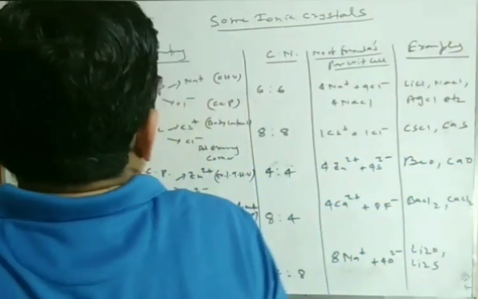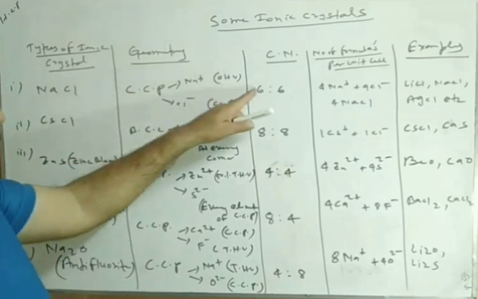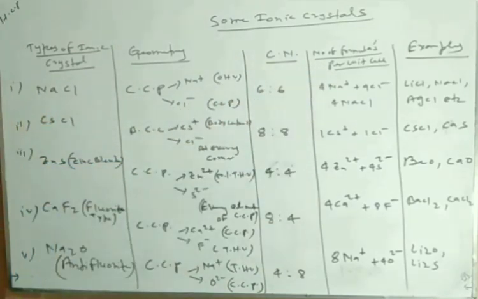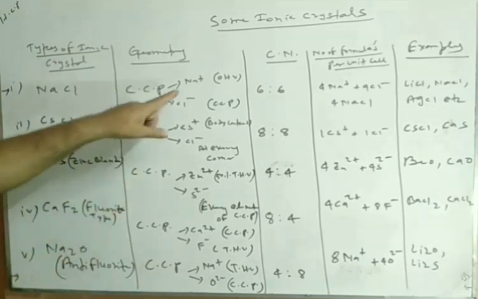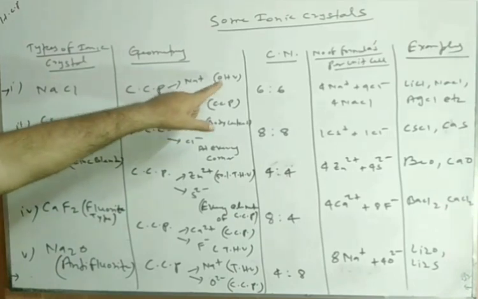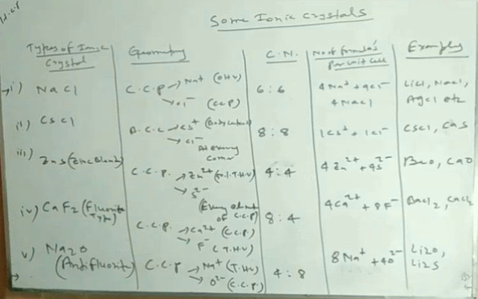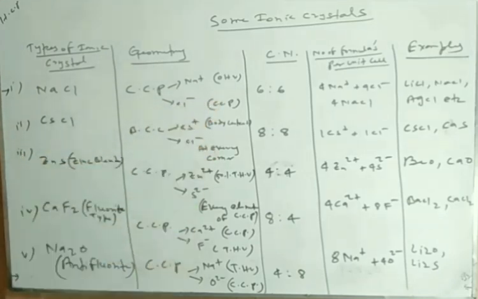Some ionic crystals, their geometry, coordination number, number of formula units, and examples are given below. Types of ionic crystal, the first one is NaCl, sodium chloride. Cubic close packed structure, Na plus at every octahedral void occupied, Cl minus occupied CCP, cubic close pack.